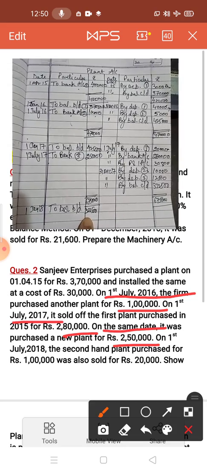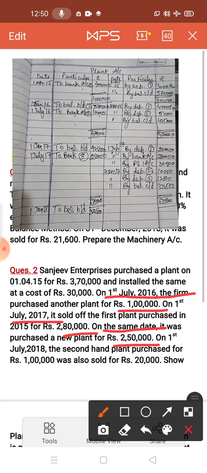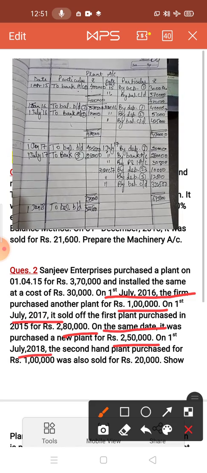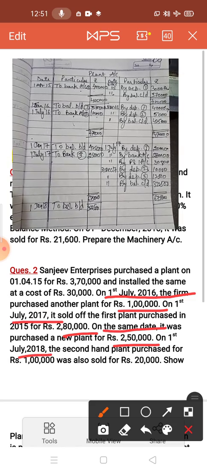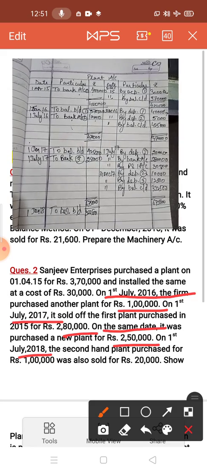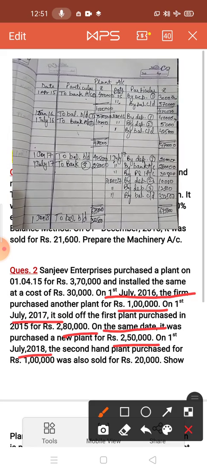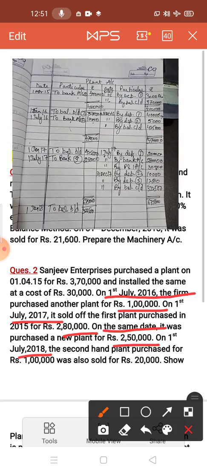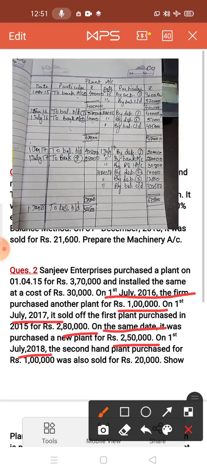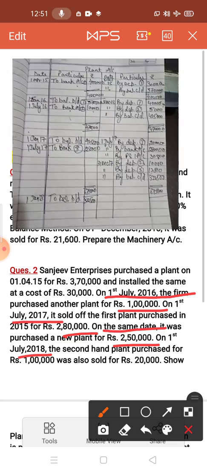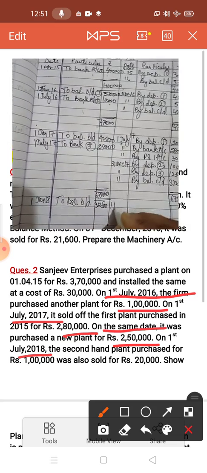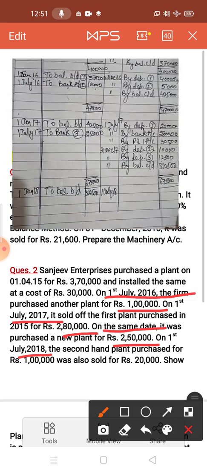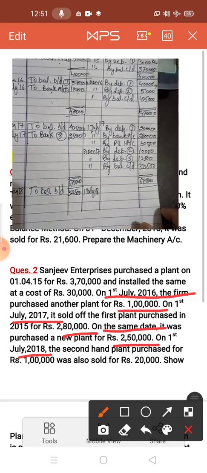Now on July 2018, see this date. In July 2018 the second hand plant purchased for 1 lakh was sold for rupees 20,000. So here on first July 2018 you have sold one more plant which was purchased second hand.